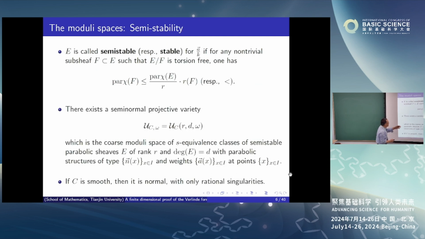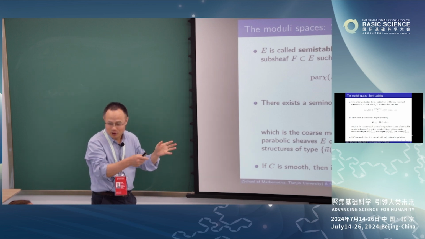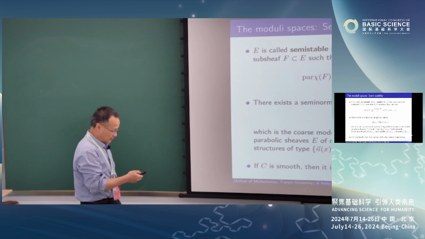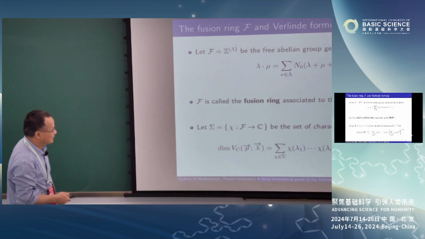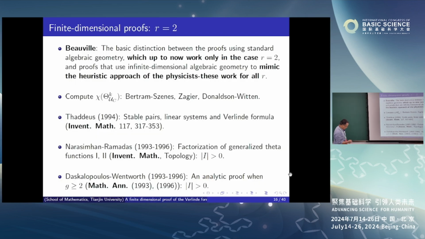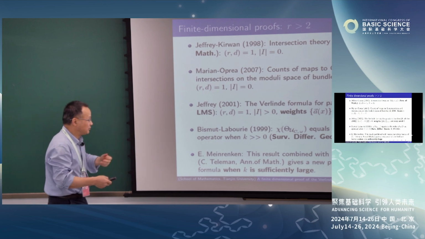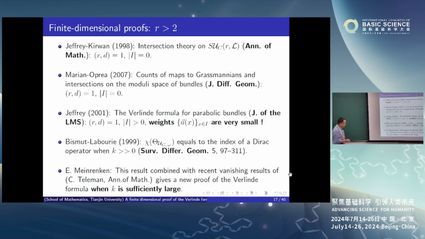So in this case, there's no difference between the parabolic case and the non-parabolic case. So I should say these two assumptions are the same. So it makes the moduli space of parabolic bundles a flag bundle of this one, which makes it much easier to compute.